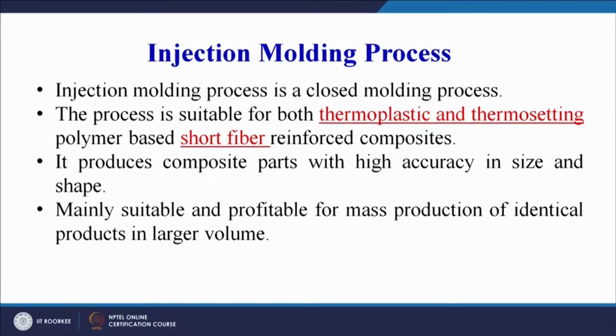It is mainly suitable and profitable for mass production of identical products in large volume. So there are three things here: mass production, identical products, larger volume. Larger volume is not in terms of the volume literally, but in terms of the number of products that we are going to make, that is mass production of a large number of parts.